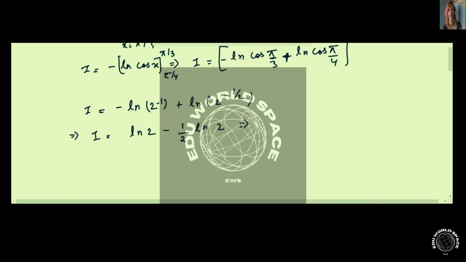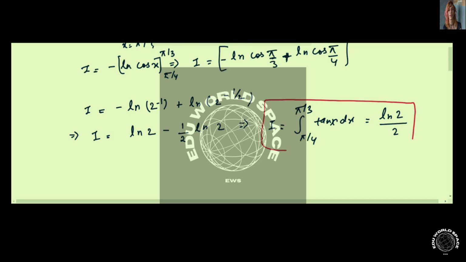So this will give us I, the integral from pi by 4 to pi by 3 of tan x dx, equals ln 2 by 2 here. So this is our answer to this problem. I hope you understood the concept. Thank you for watching.